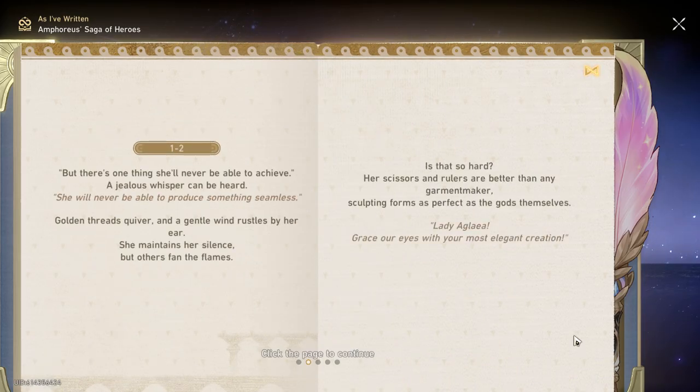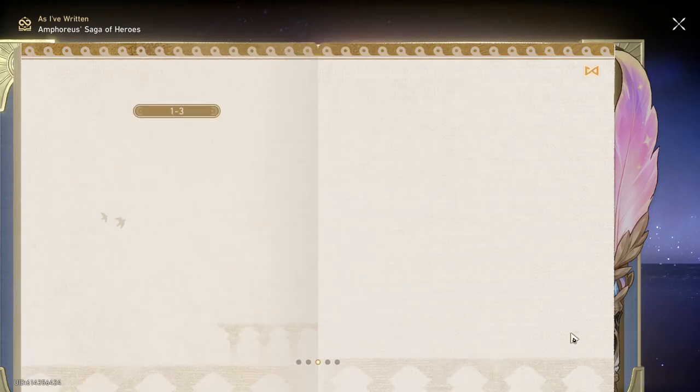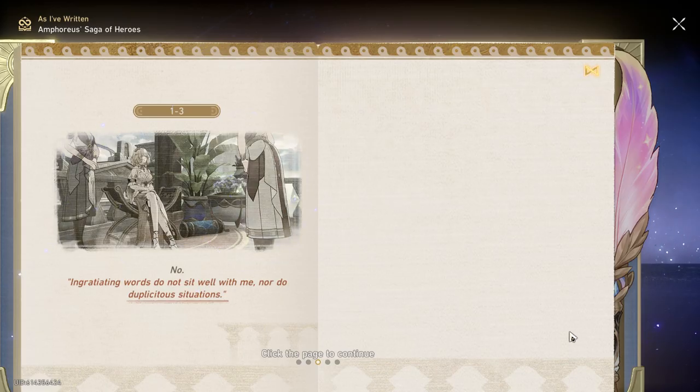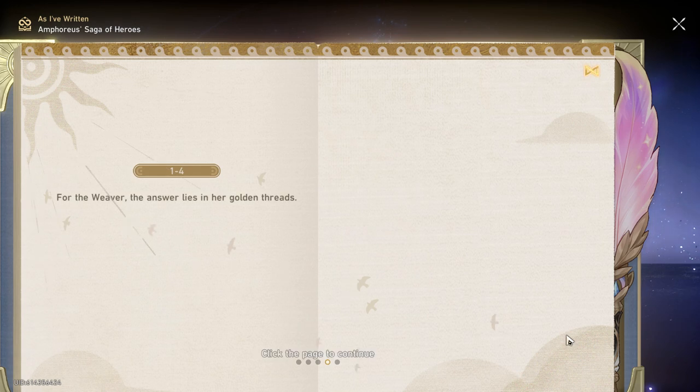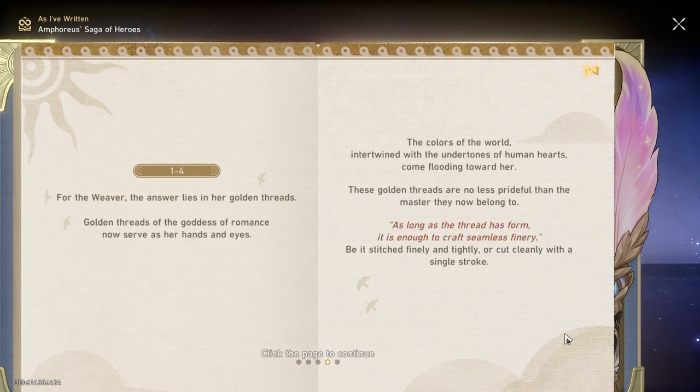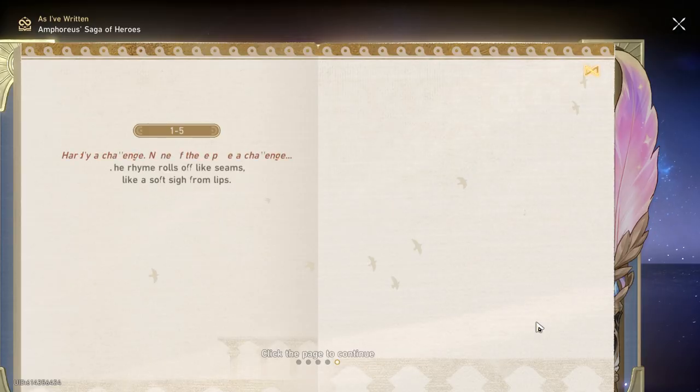Lady Aglaya, grace our eyes with your most elegant creation. Ingratiating words do not sit well with me, nor do duplicitous machinations. As long as the thread has form, it is enough to craft seamless finery. Hardly a challenge. None of these pose a challenge.